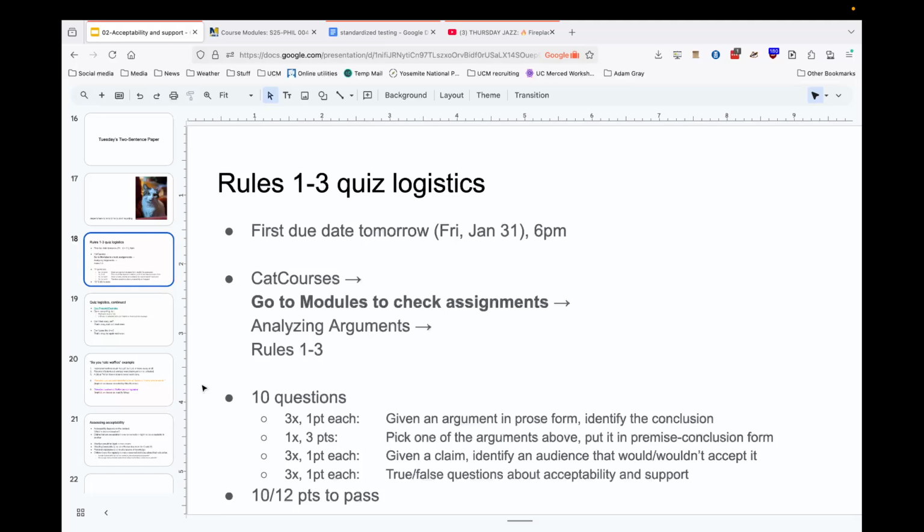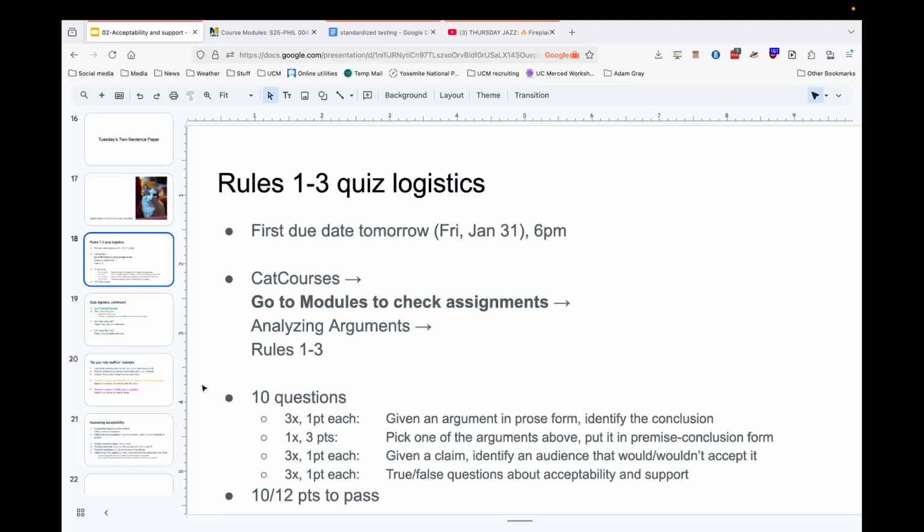Next, thinking about acceptability, you'll be given 3 claims. For each claim, you need to identify an audience that would probably accept it and an audience that probably wouldn't accept it. We did 1 example of that at the very end last time. We're going to do some more today. And then finally, the 3rd set of questions are true and false questions about acceptability and support.